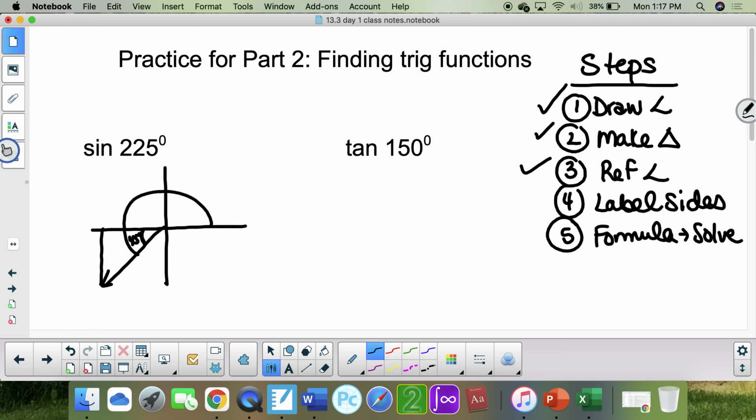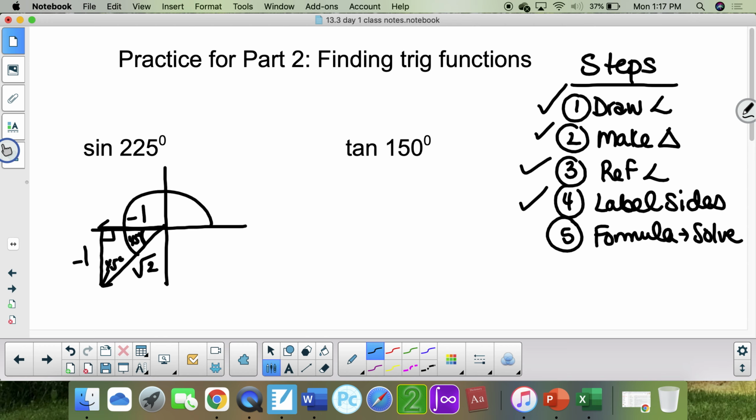Label the sides. This is a 90, 45, 45 triangle. Since you're in this third quadrant, I have to go out on the x-axis a -1. I have to go down on the y-axis a -1. The hypotenuse is always positive, so it's √2. That's always positive. So I labeled the sides.